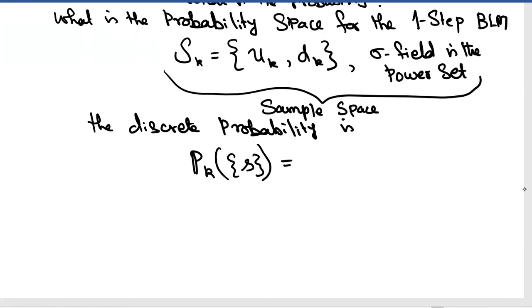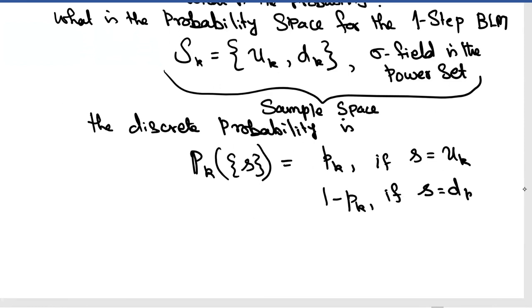So this is equal to Pk if S is equal to uk, and 1 minus Pk if S is equal to dk. This is how we develop the probability space, where Pk is some number between 0 and 1.